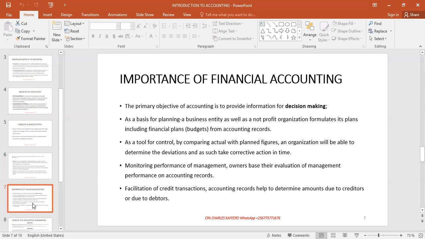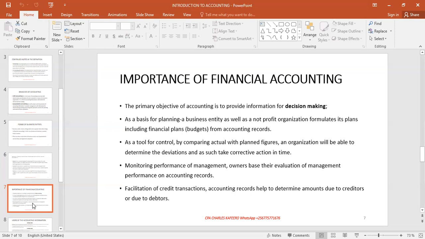Let's say I'm estimating to produce 10,000 units, but at the end of the accounting period, you find that you have produced 9,000 units, or you had planned for 10,000 units and you have produced 12,000 units. So it depends. By that, you compare the information that you forecasted with the actual. If you had planned to incur less costs and you find out that you've incurred more costs, then you find out how to control those costs and how they came about.